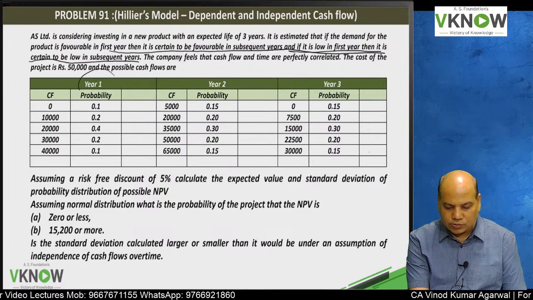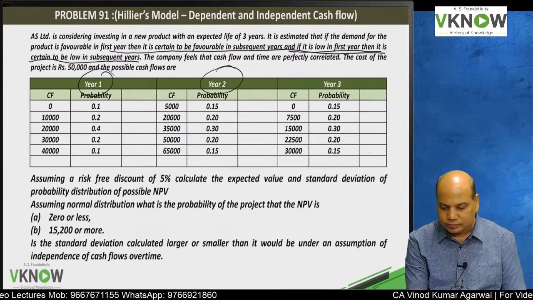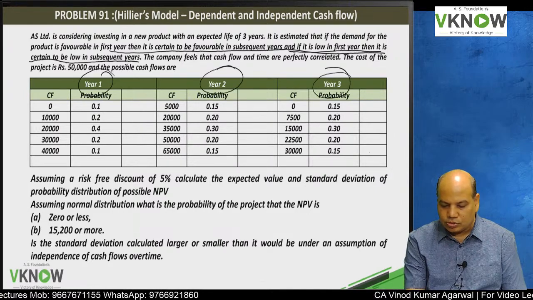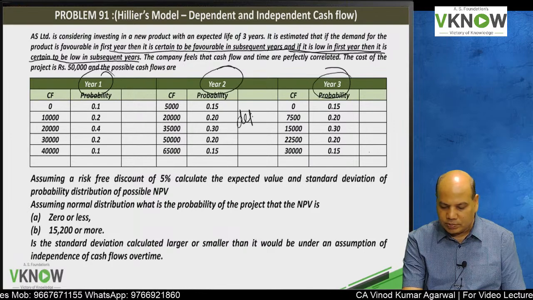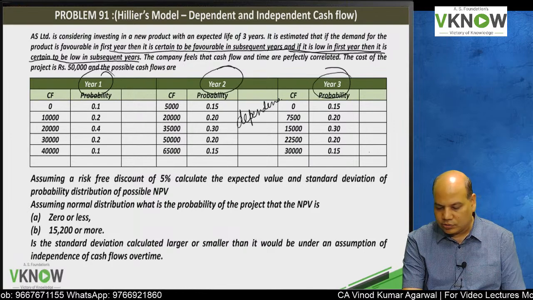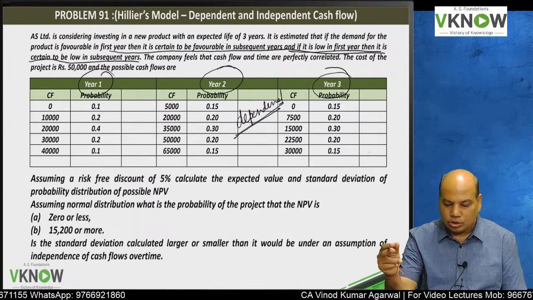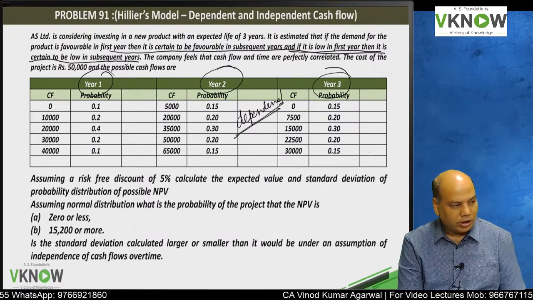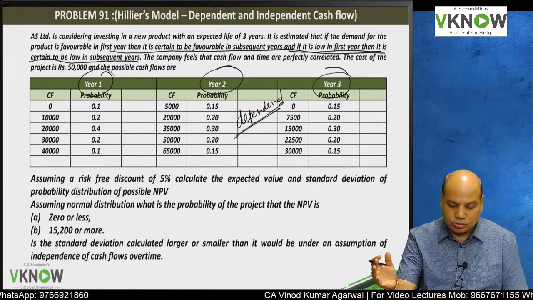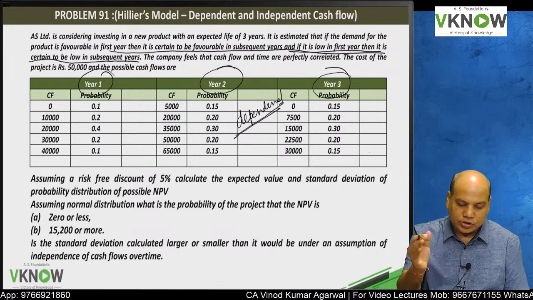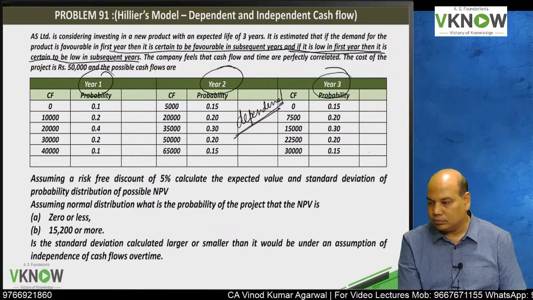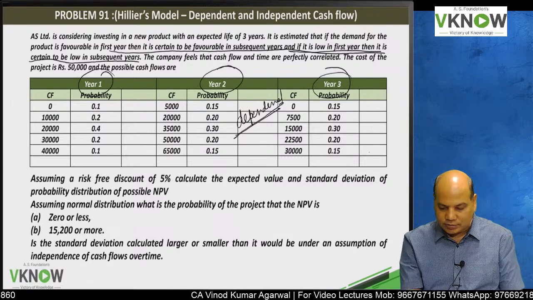It means cash flows are dependent, because low demand in one year may lead to low demand in the subsequent year also. Year 2 cash flow is influenced by year 1. So this time we will assume cash flows are dependent.